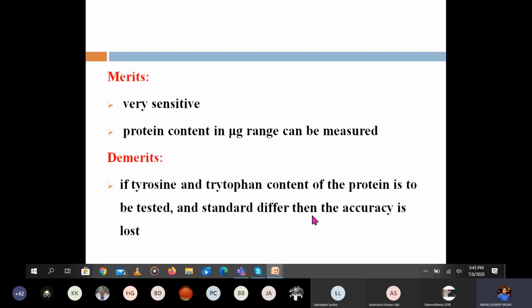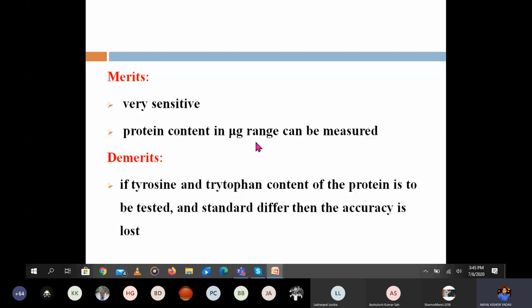Then accuracy will be lost, because you will be using different standards for tyrosine and for tryptophan. That is a disadvantage of the Lowry method. But the advantage is that it is very sensitive, and even the microgram range can be measured by the Lowry method.